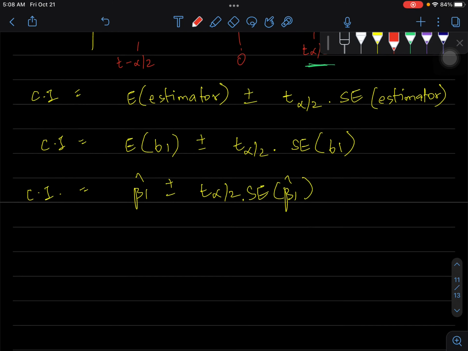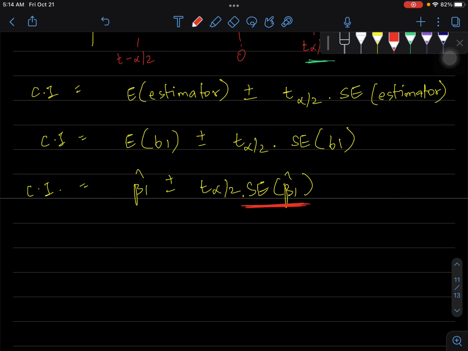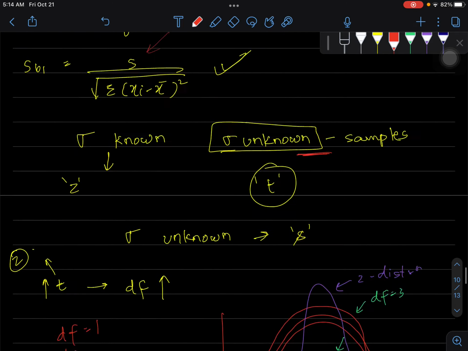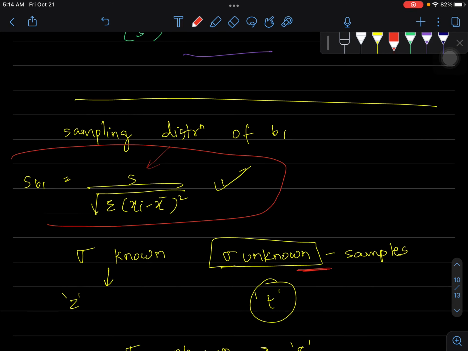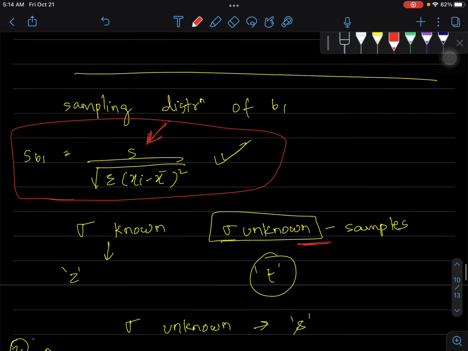The good thing is that we won't have to calculate this value; when we do the analysis in R, the summary gives us these values, though some we'll calculate. We'll look at that later. And this here is just S_b1 that we had calculated. If you don't know what S is here, you'll have to watch a previous video.